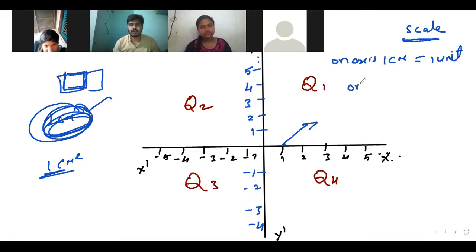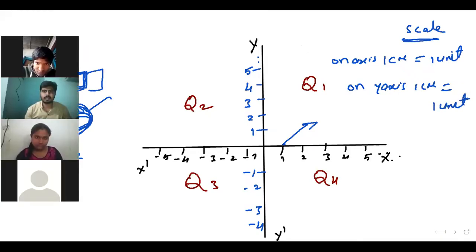On the y-axis, 1 centimeter equals 1 unit I'm taking. Suppose you can change the values here. If you want to take on the y-axis 1 centimeter equals 2 units, you can take it, no problem.